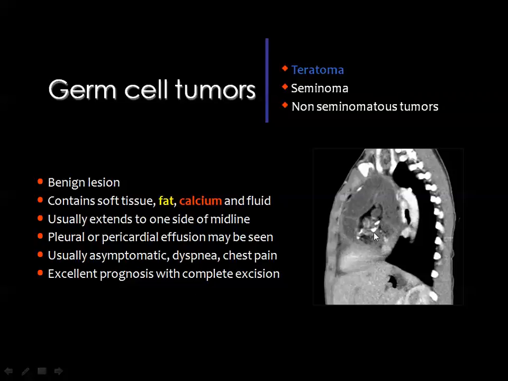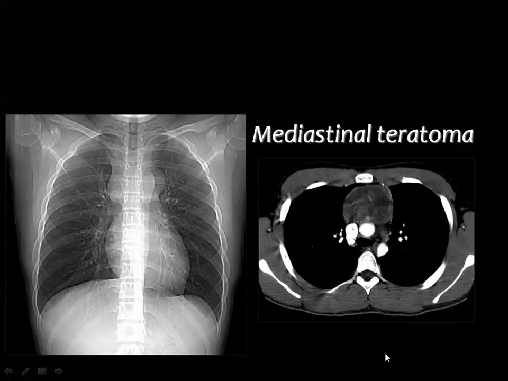And also, if you see calcium and fat, this is good for the diagnosis. But if you don't see fat, this will make the diagnosis very difficult, and you will proceed to have a biopsy to confirm the diagnosis.